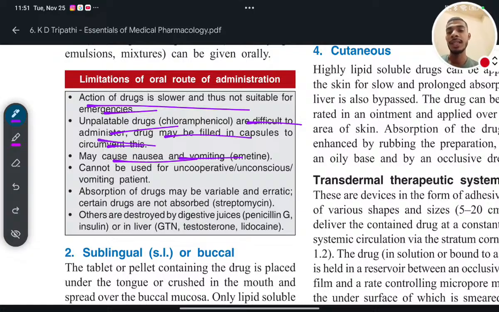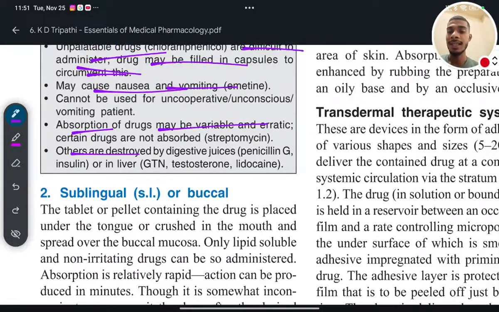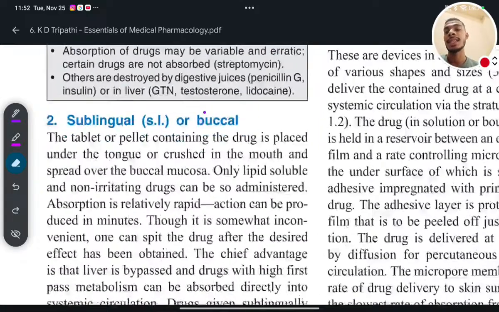The drug may be filled in a capsule, so absorption may be variable, and onset of action is also slow. Some drugs are destroyed by digestive enzymes, such as penicillin G and insulin, or in the liver, such as GTN, that is glyceryl trinitrate, testosterone, and lidocaine. Am I clear? Already we have seen all these things yesterday.